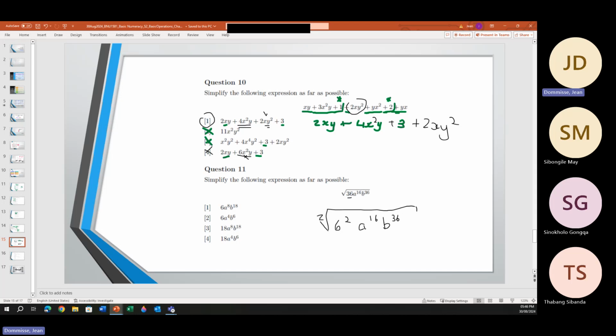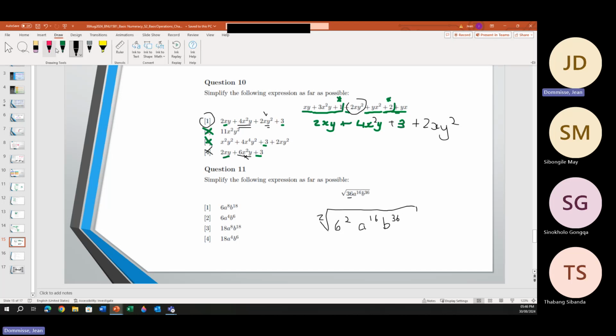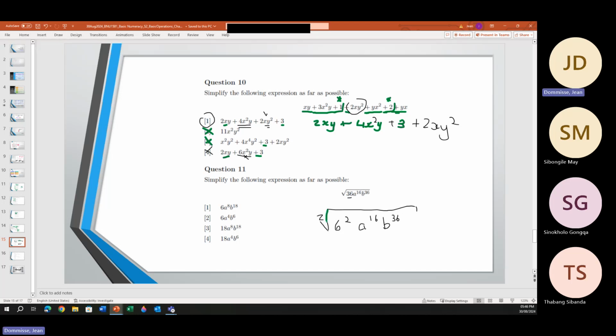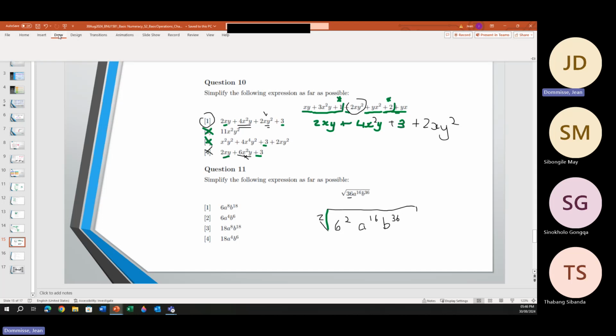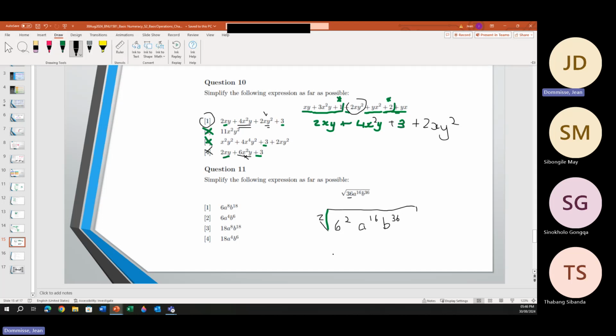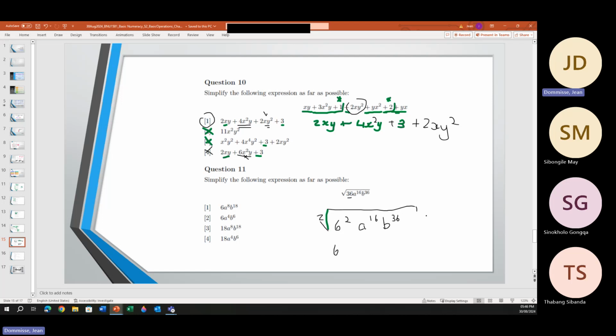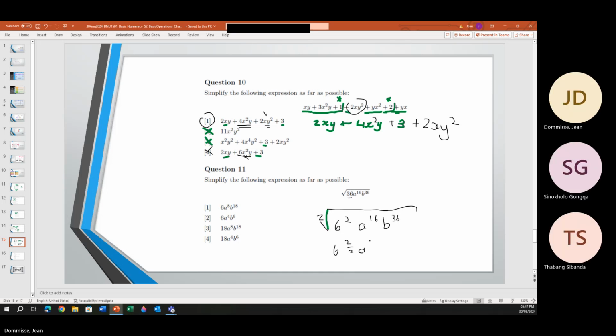Okay, so we remember, I use that as a division line nearly. So we can say we take away the square root, but when it is 2 divided by 2, 16 divided by 2, and then 36 divided by 2.